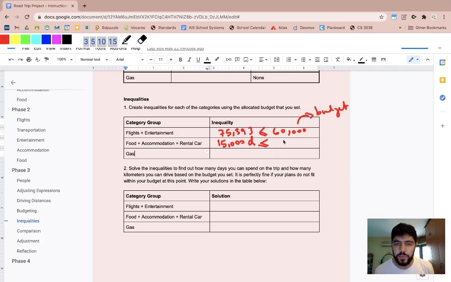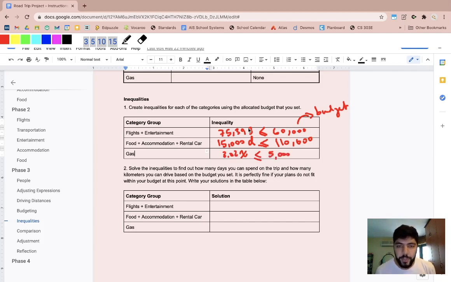So less than or equal to, let's say if I gave this group like 110,000. And the same for gas, but with gas it's going to be X. So you'll have whatever, let's say like 3.02X is less than or equal to, let's say you put like 5,000, I don't know how much.